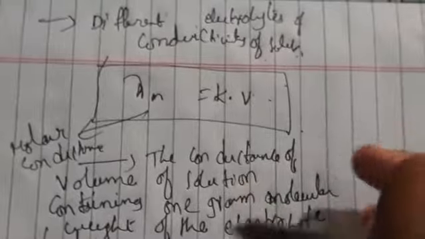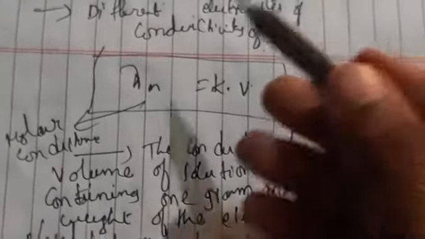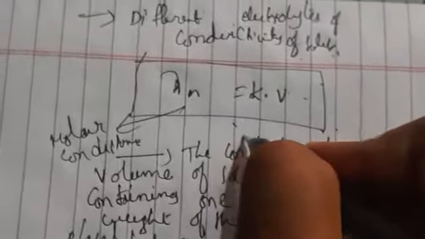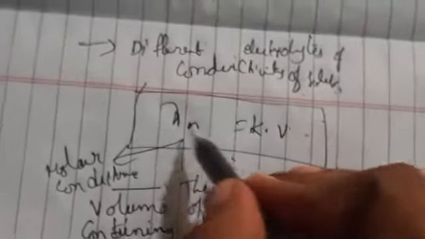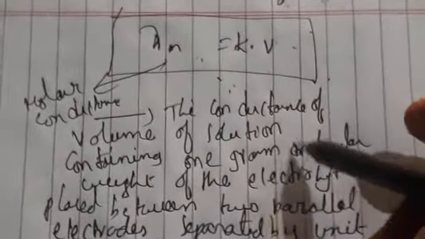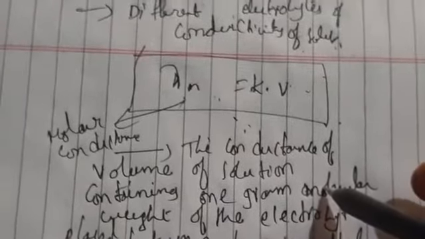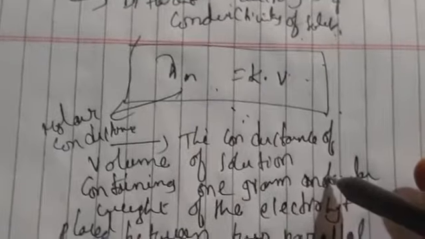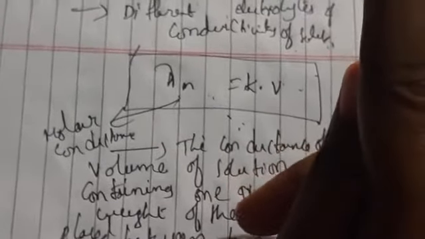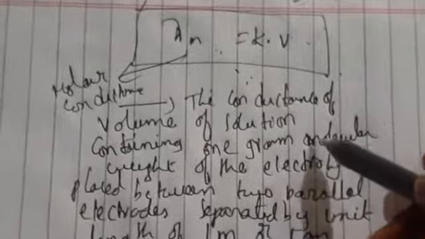So to define molar conductance, which is denoted by lambda M, sorry, not delta M, lambda M. Molar conductance means the conductance of volume of the solution of all ions produced by only one electrolyte in a volume of the solution containing 1 gram molecular weight of the electrolyte.